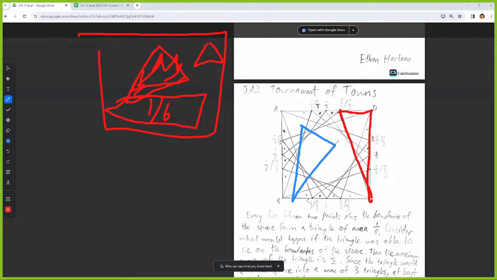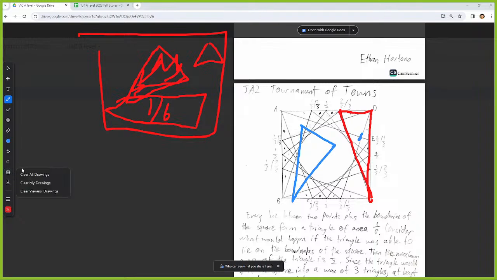It actually requires one of the points of the blue triangle to be inside this red triangle. Does that make sense? So if a corner of the blue triangle is inside the red triangle, then we can't use this red triangle to show that it has a 1/6 left over. But otherwise we can. So this actually leads to a very interesting argument.